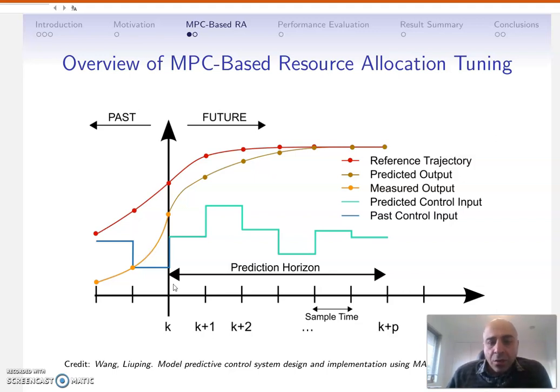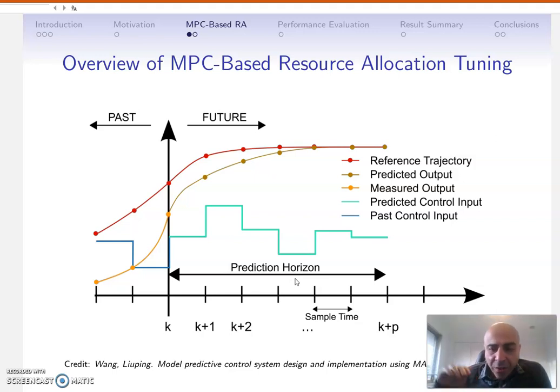So the controller takes actions based on some system models that are already defined. Then the controller applies such actions to the system such that in the future horizon, such changes take effect.